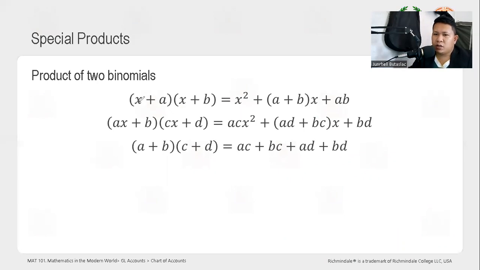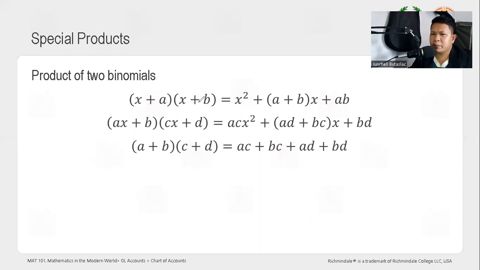So as you can see, it's distributed: X plus A times X plus B. So X times X, that's X squared. A times B. Or you have to add the AB X. It's the same thing as well.